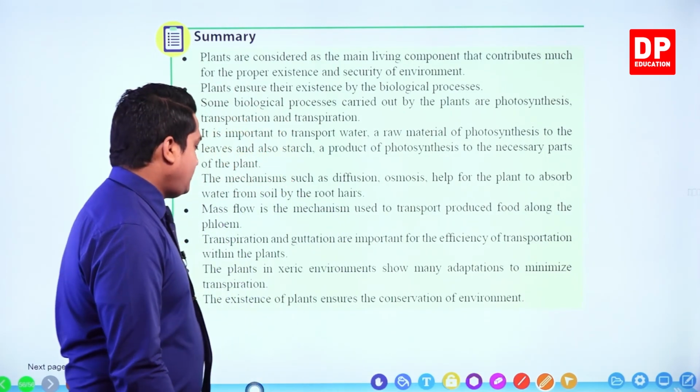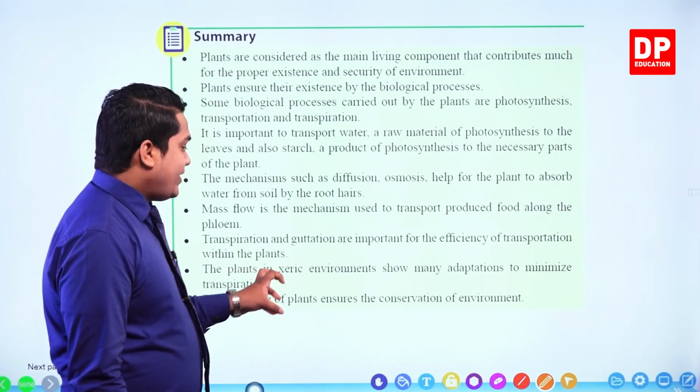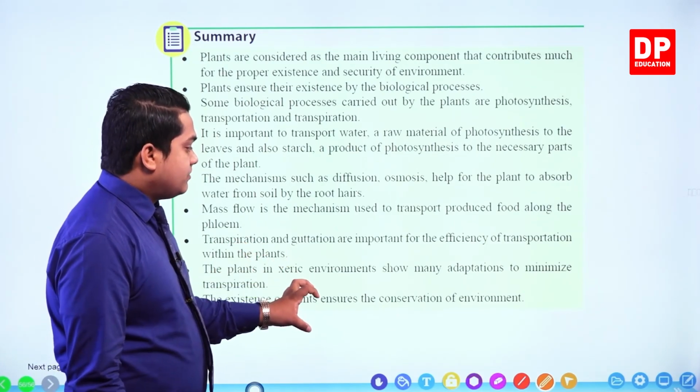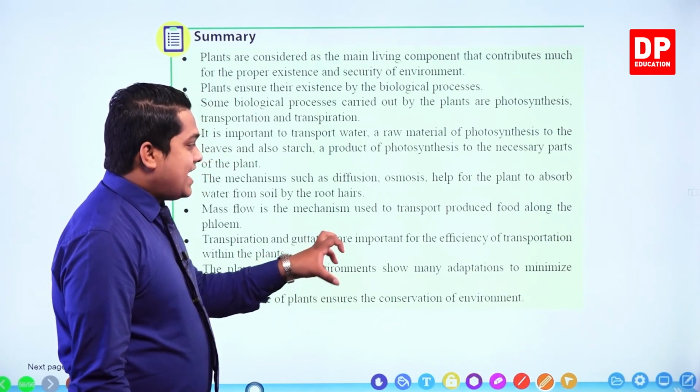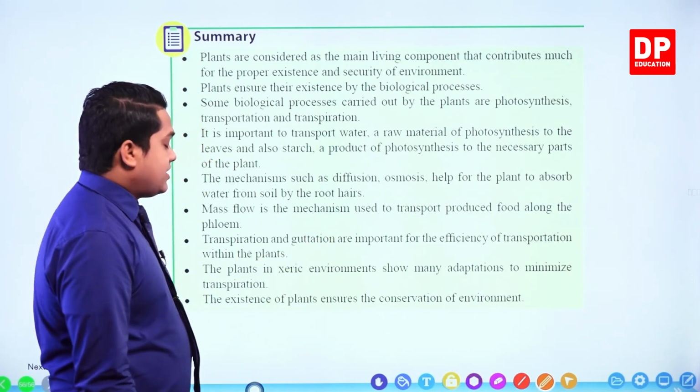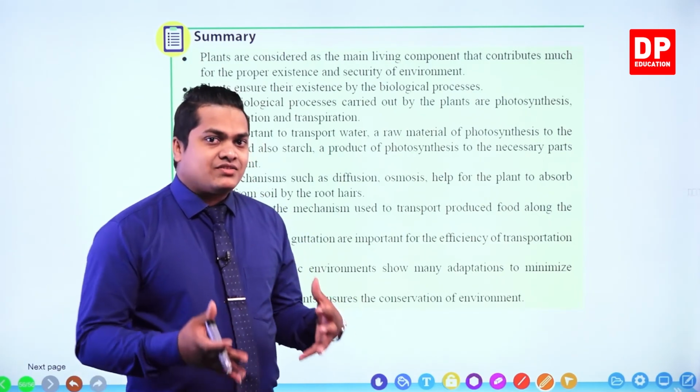Then the plants in xeric environments, xerophytic plants, show many adaptations to minimize transpiration.